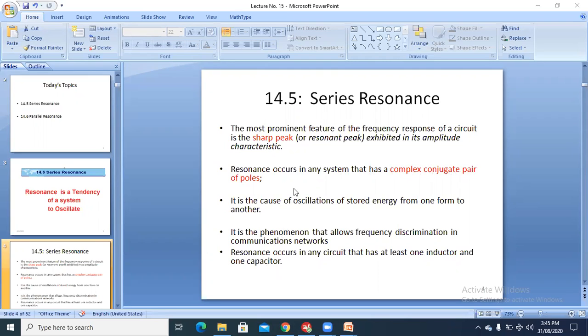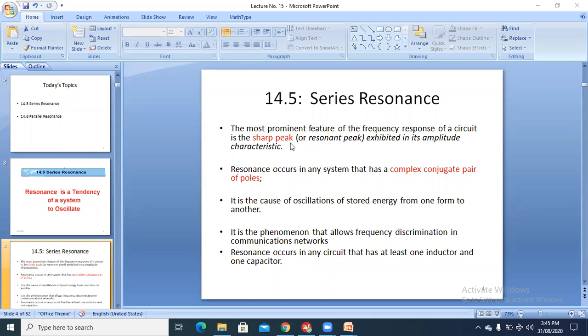So for this kind of circuits, there is a resonance frequency where the peak of the amplitude occurs.